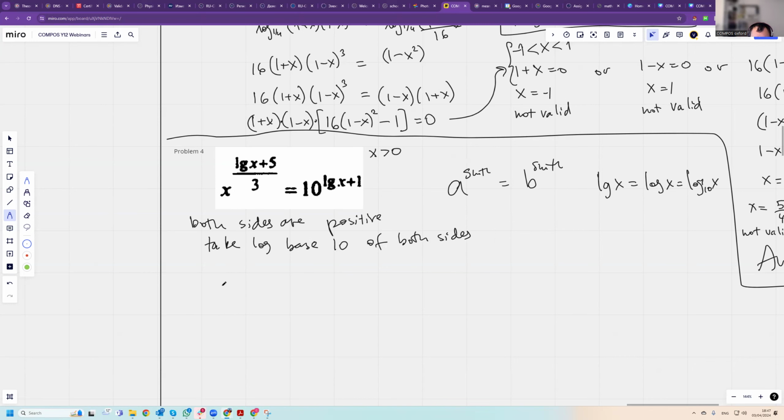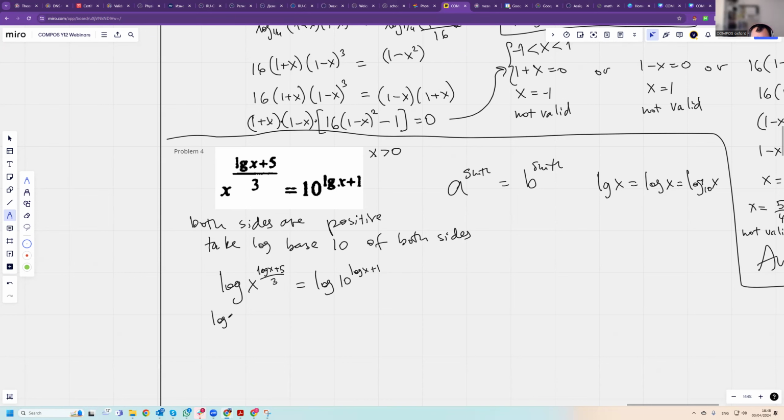So you have log of x to the power log x plus 5 over 3 equals log of 10 to the power log x plus 1. So you can put this in front.